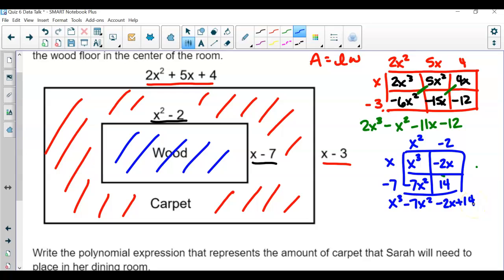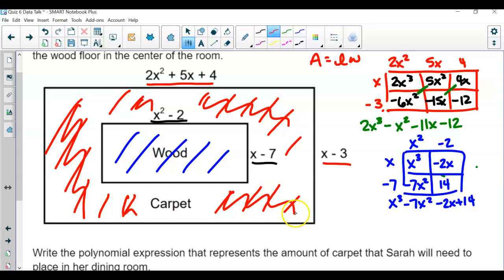So now think about this, right? If I'm looking for just the space for the carpet, which is all of what's in red, not including the wood, right? That's in blue. That means if I'm taking this out, what am I supposed to now do with these two polynomials here? Subtract. So I'm now going to subtract this amount. And remember, when subtracting, we always change the sign.